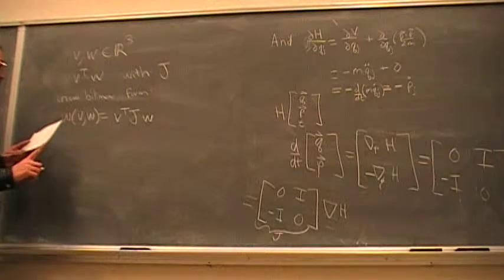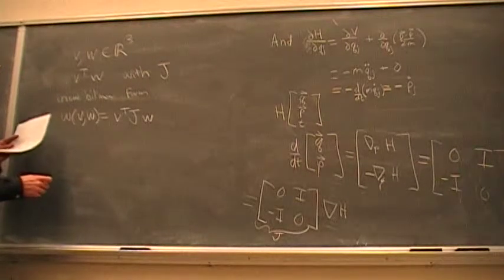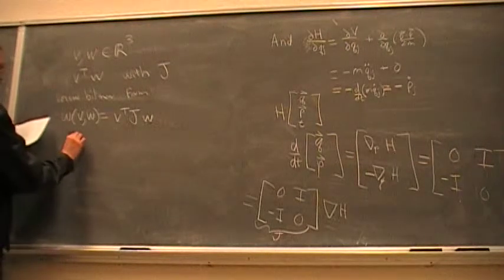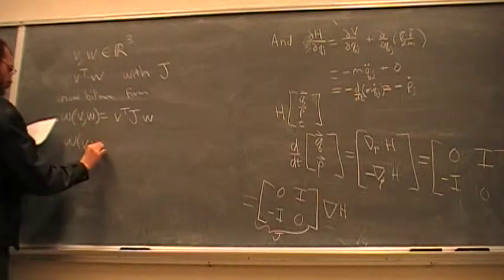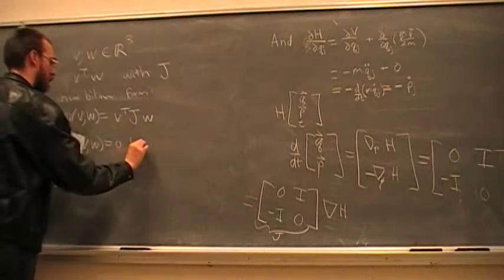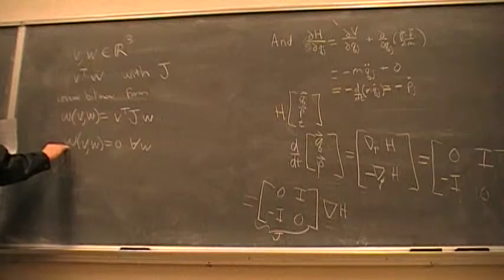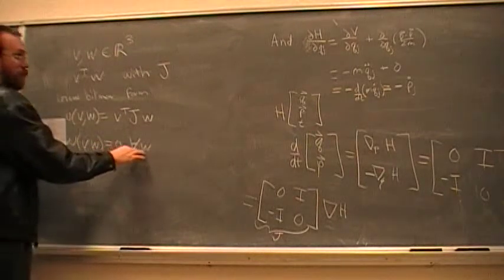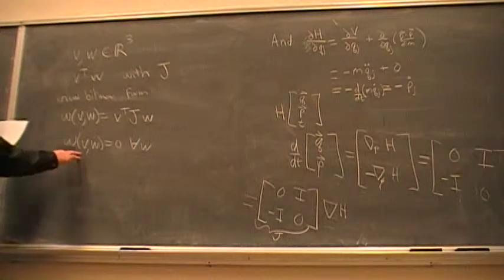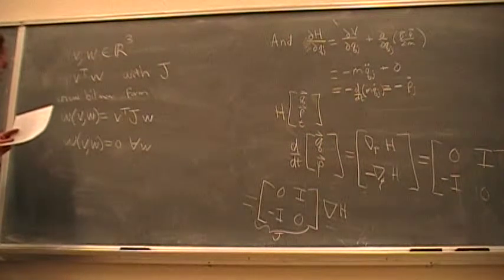It still has one nice property in common with the regular inner product, which is that if this form is 0 for all W, then V itself is 0.